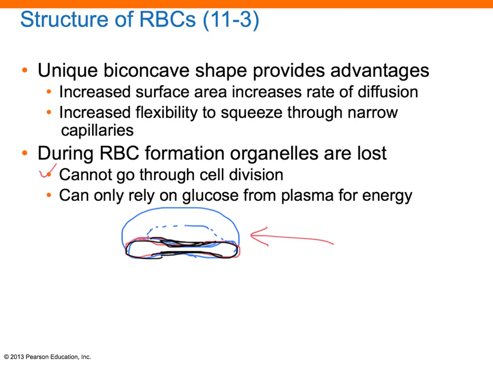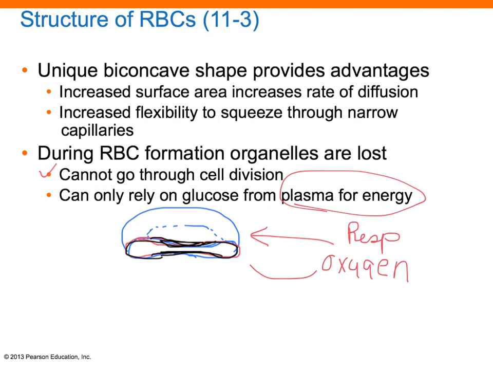Now, this is a really wonderful, very outstanding adaptation, the fact that it relies on the plasma for energy. And this is because during respiration, the most amount of energy is made in the very last step where oxygen is used. Can you imagine if this red blood cell had to do cellular respiration and use oxygen?